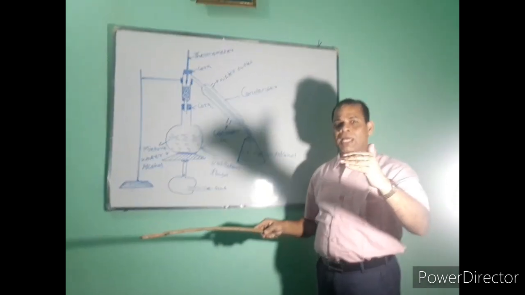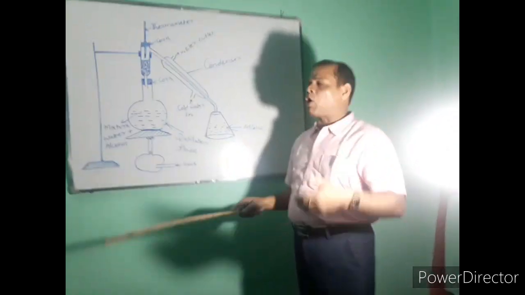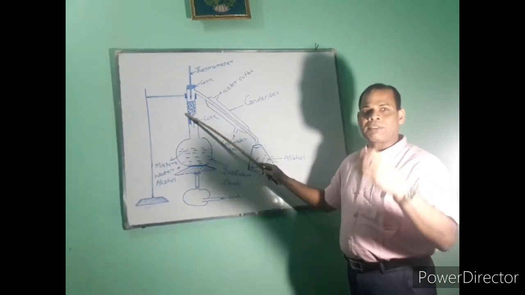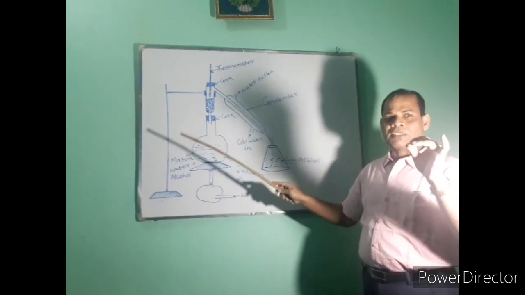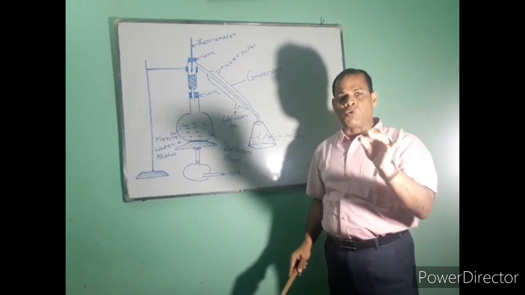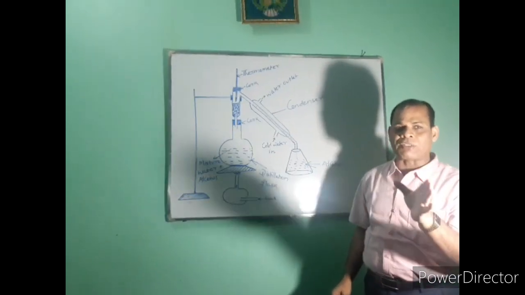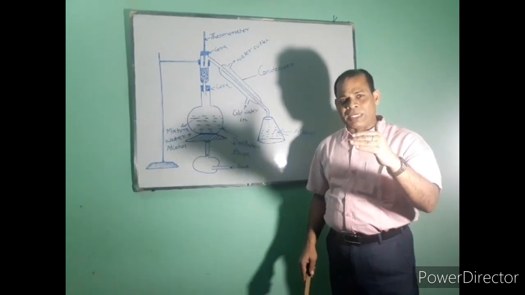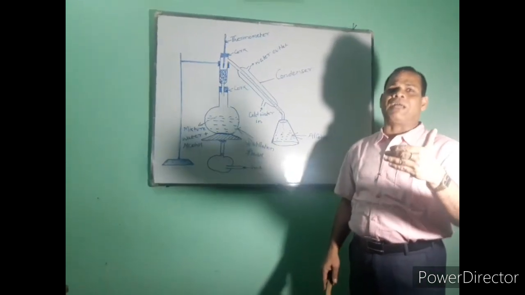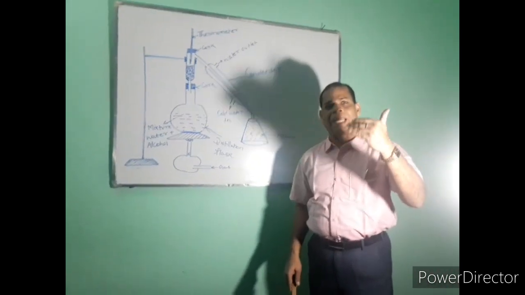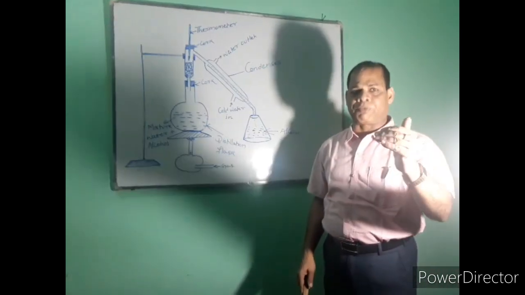The second objective of providing the fractionating column is this: since the difference of the boiling point of the two liquids is less than 25 Kelvin, there is a possibility that some amount of the less volatile liquid can also convert into vapor form.